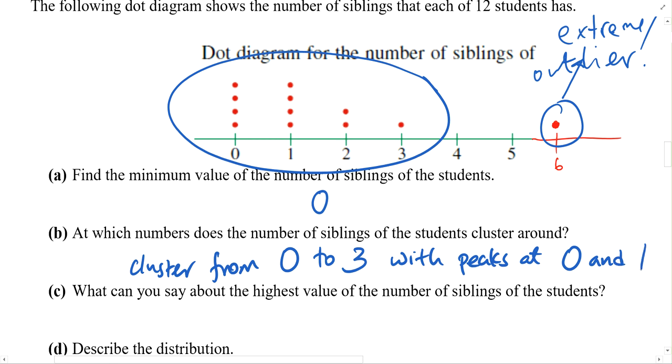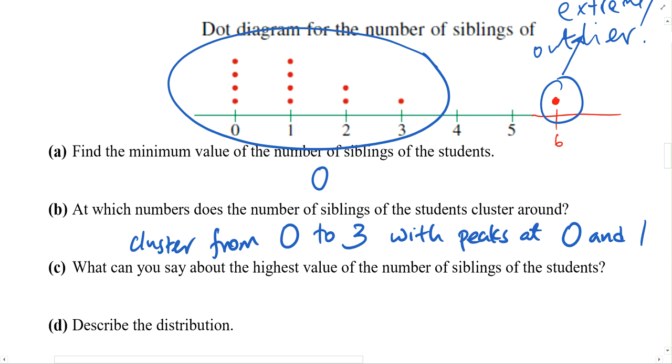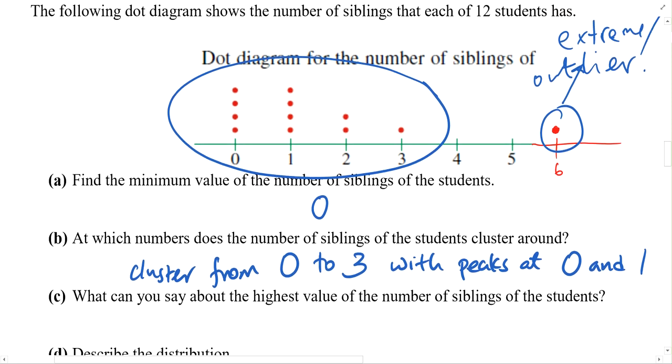For this class, it appeared that the peaks were at 2 and 3. Okay, I didn't count, but generally when I looked at it, it looks like you all have one or two siblings for this class. Okay, part C. What can you say about the highest value of the number of siblings of the students? So somebody had 6 siblings. What can you say about this? Yeah, it's extreme, it's an outlier.